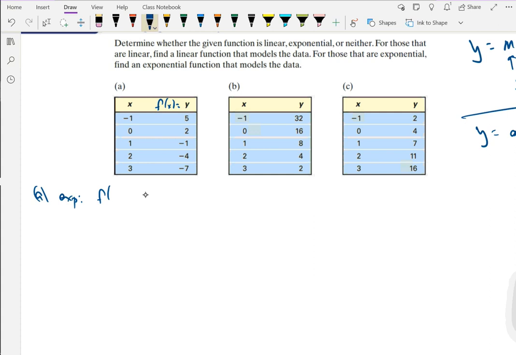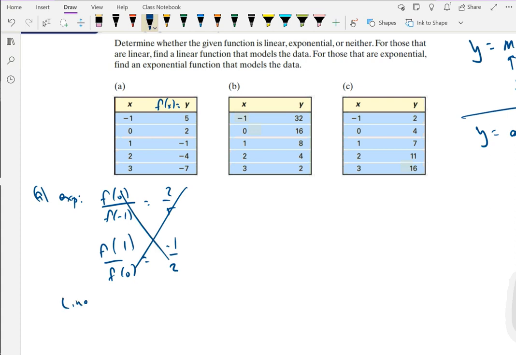I want successive values. So f of 0 divided by f of negative 1. So if I do successive values, I've got 2 over 5. If I do f of 1 over f of 0, f of 1 is negative 1, f of 0 is 2. These are not the same values. So that means that we are not exponential.